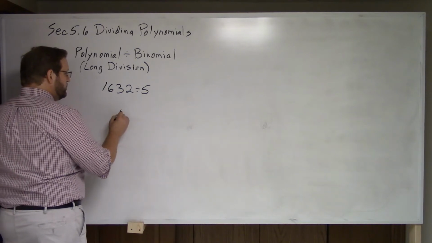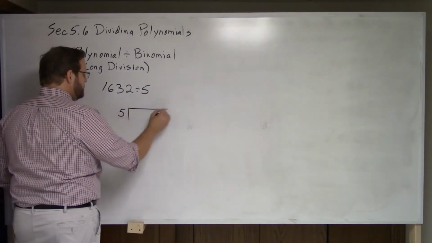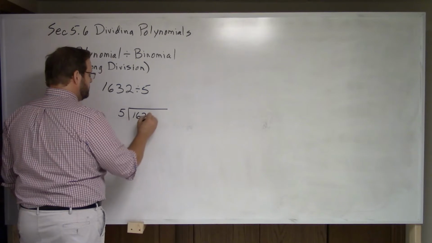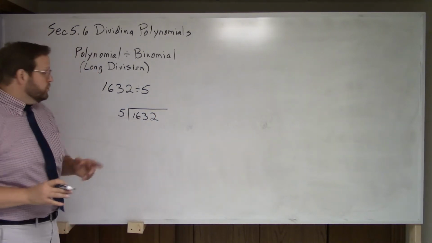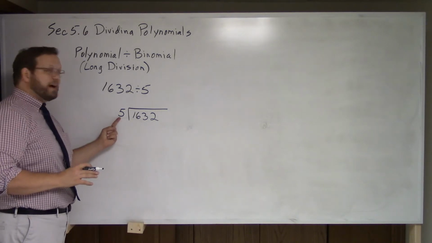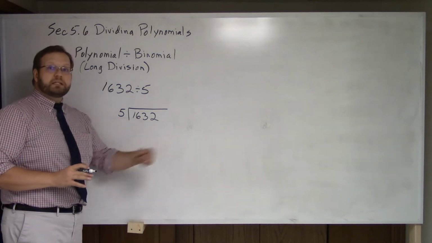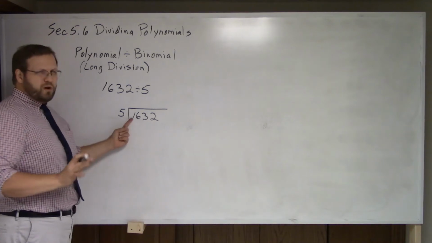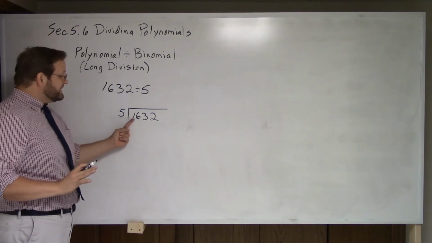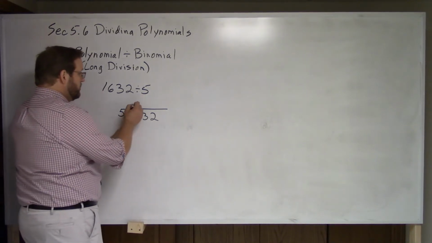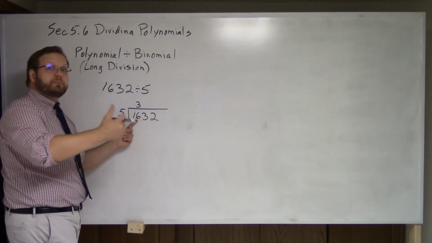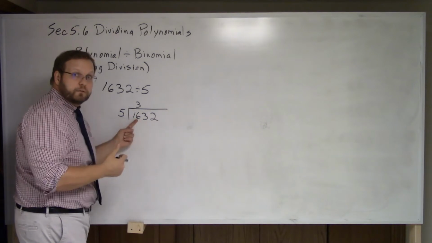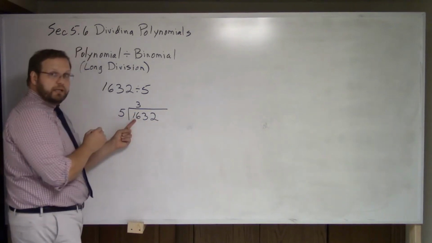So long division would be set up with the divisor going into our dividend, like so. And then what we did was we tried to figure out how many times 5 went into each of these digits. So 5 goes into 16 3 times. Okay? Doesn't have to go in exactly, but go in as many times as you can without going over.